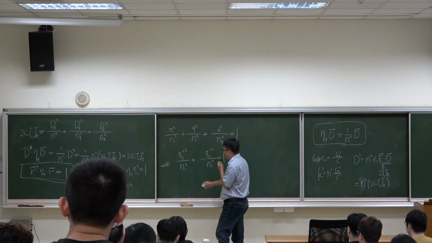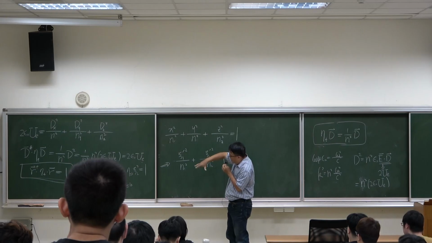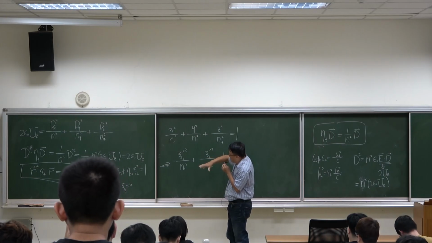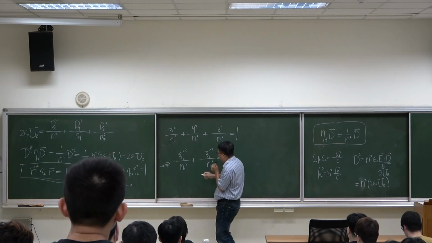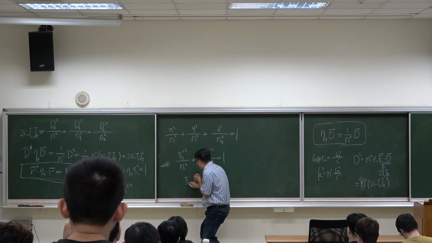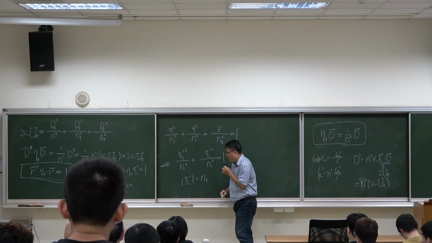So you know that now when we rotate our coordinate axis to the first d vector eigenvector direction, we get the length equal to n1.